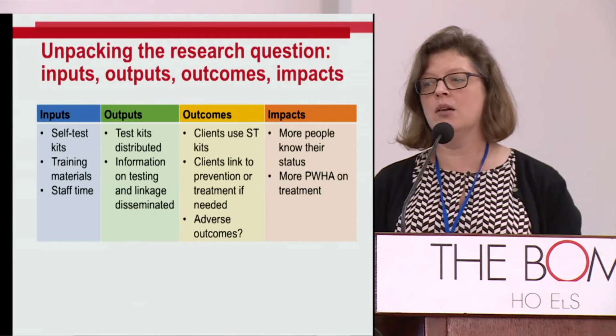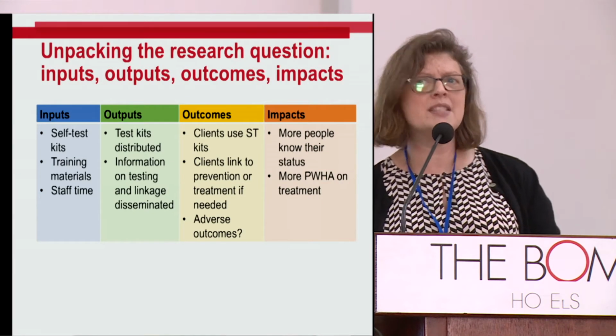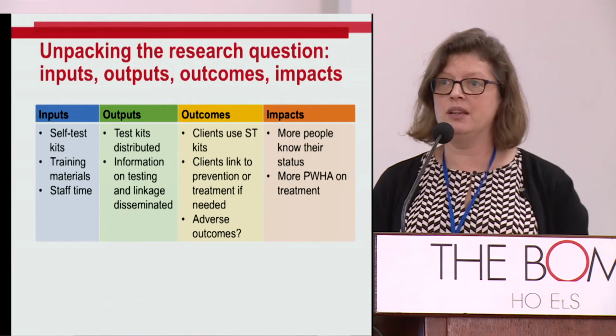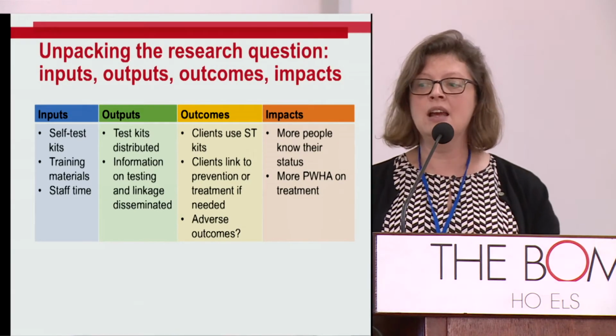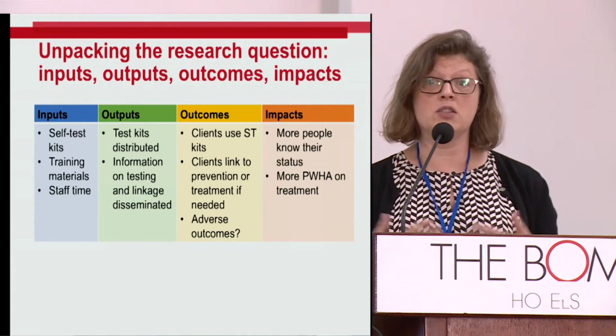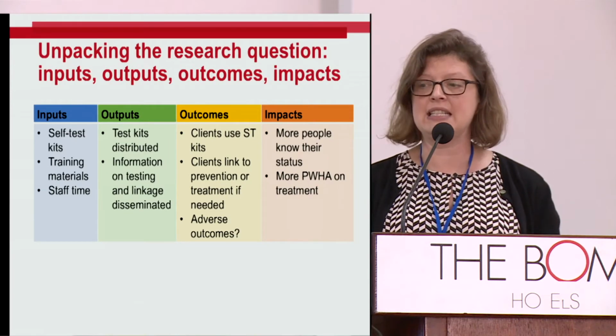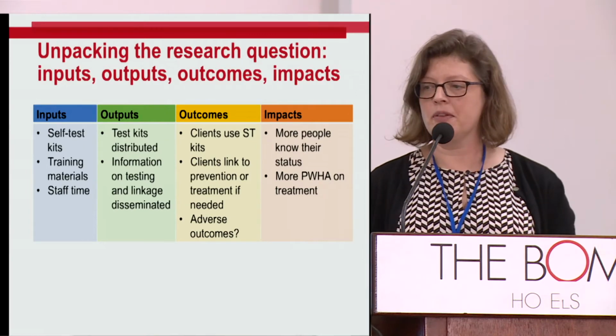And additionally, we tend to think of the positive outcomes, but there are also adverse outcomes that we need to be very aware of, and people are very worried about in terms of HIV self-testing. And this would include adverse outcomes as a result of forced disclosure or forced testing or other things.